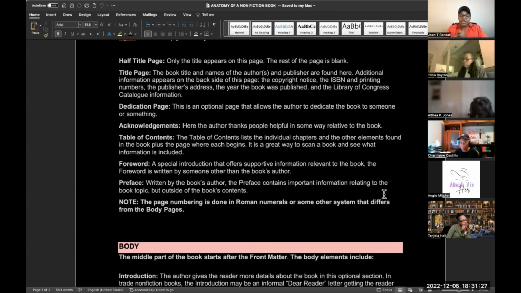It's special supportive information written by someone of influence who knows the author and can vouch for the strength, the character, and the expertise that the author has. I've seen someone send me their book recently and they wrote the foreword, and I'm like, no, the foreword is not for you.